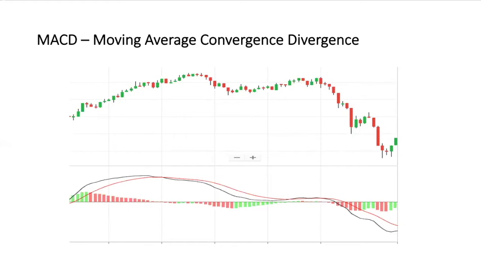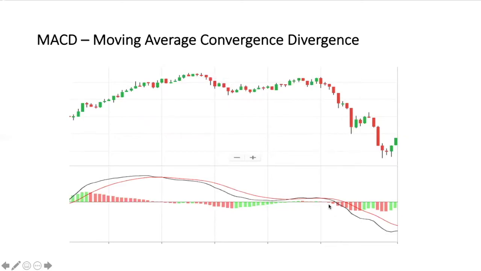MACD is formed of two lines, called the MACD line and the signal line. The black one is the MACD line, and the red one is the signal line. This is the baseline, or the zero line, which is here. Now, how exactly should we understand it? When the MACD line crosses the signal line and moves down, it indicates that the market is going to be in a bearish mode, so it will fall.